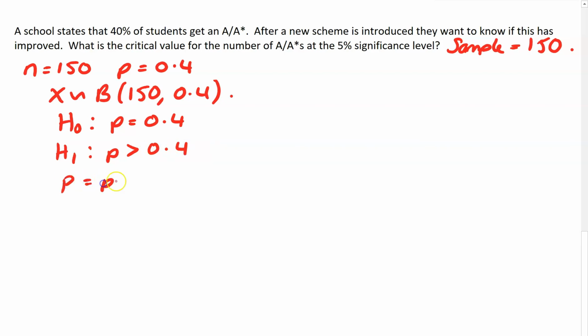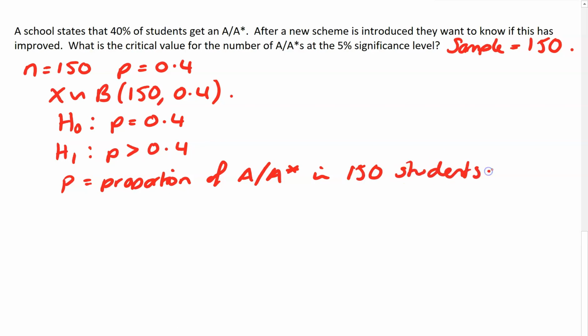P is proportion of A/A star in 150 students. And the significance level is 5%.